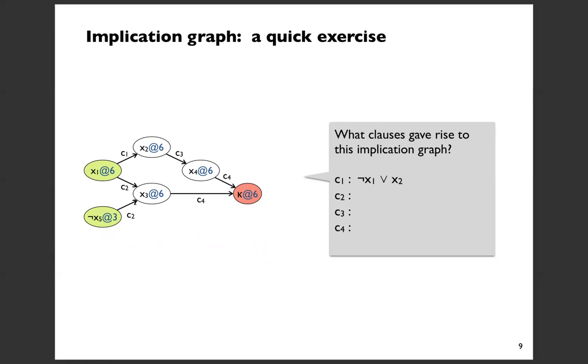So C2 should be a clause like not X1 or not X5 or X3, the negation of the previous assignments that go into it, or X3, and so on.